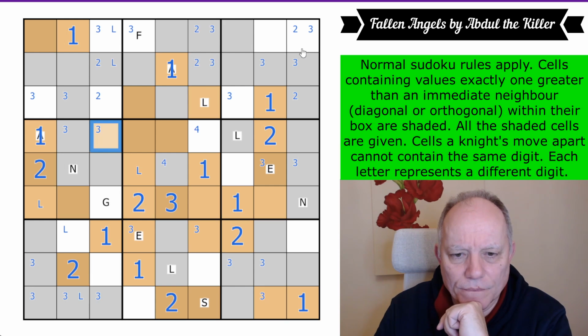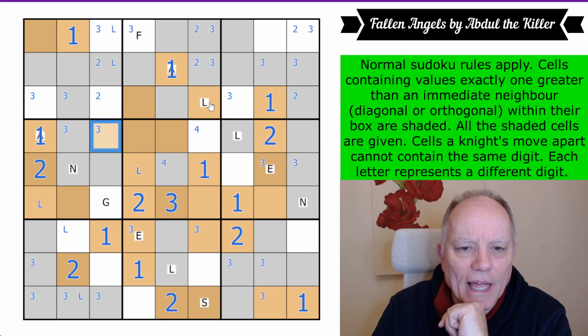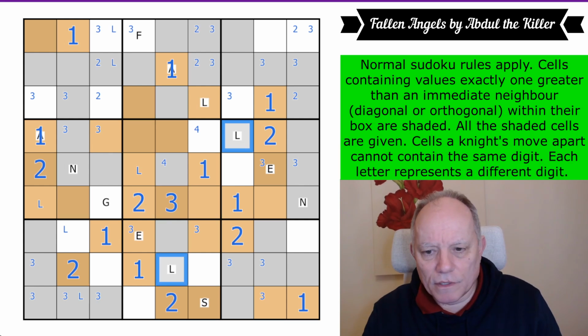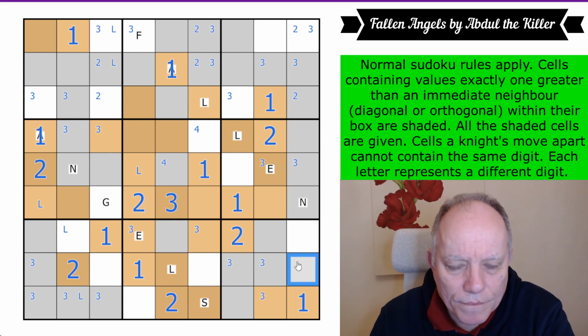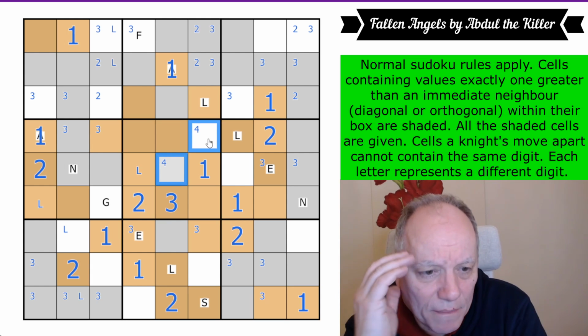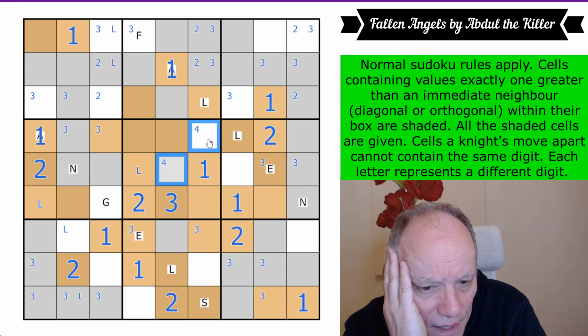So L is not 4 because that is coloured. So both of those are orange as well. Now, it's 4 being in one of these. That seems the best effort I have.